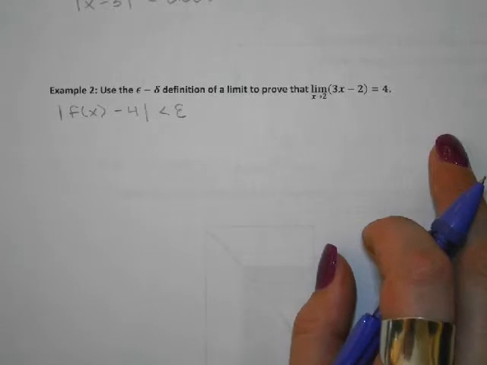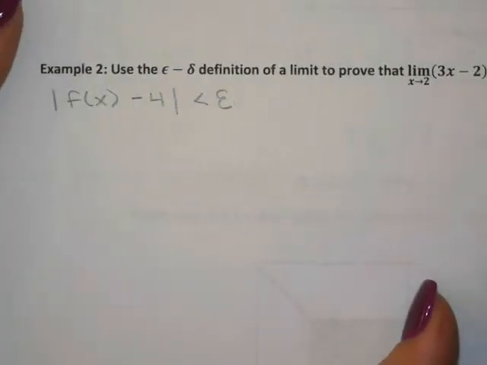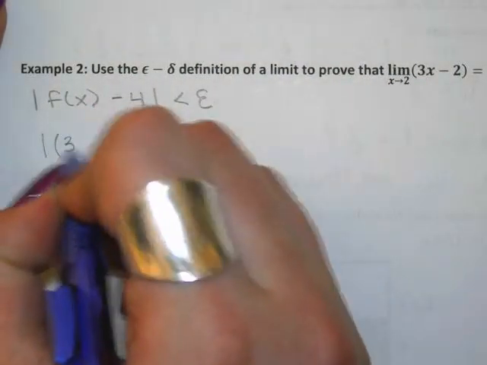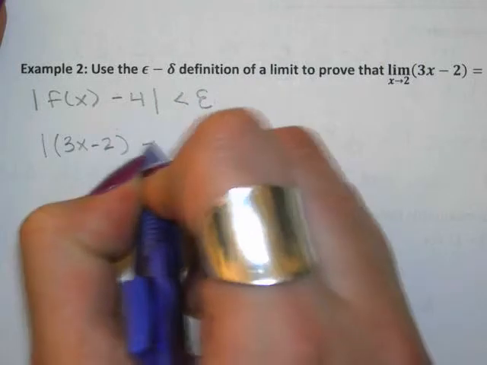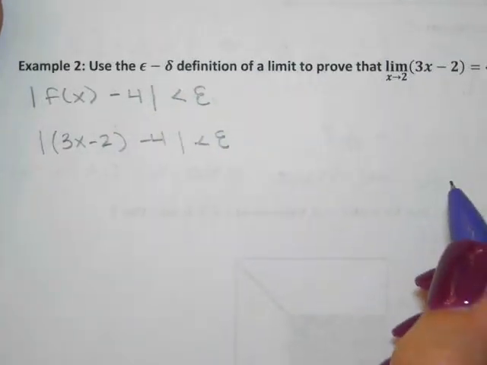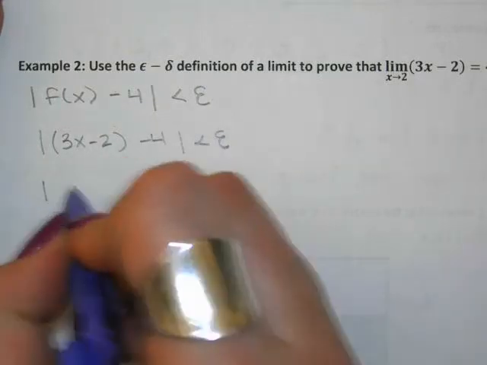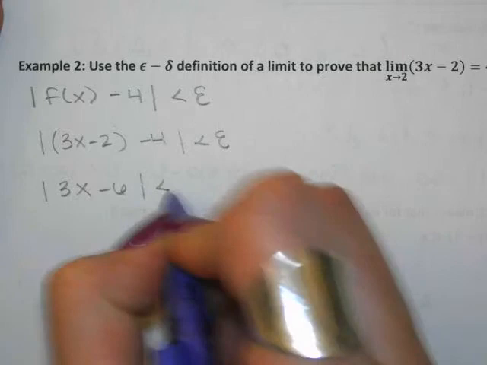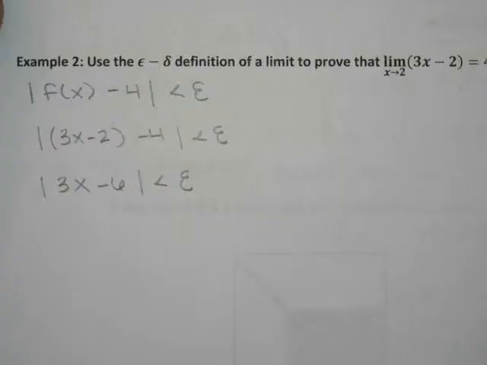They did not give it to me this time. Okay, what do I do next? Plug in the 3x minus 2. Okay, what do I do next? Okay, so I have 3x minus 6. Factor out the 3.